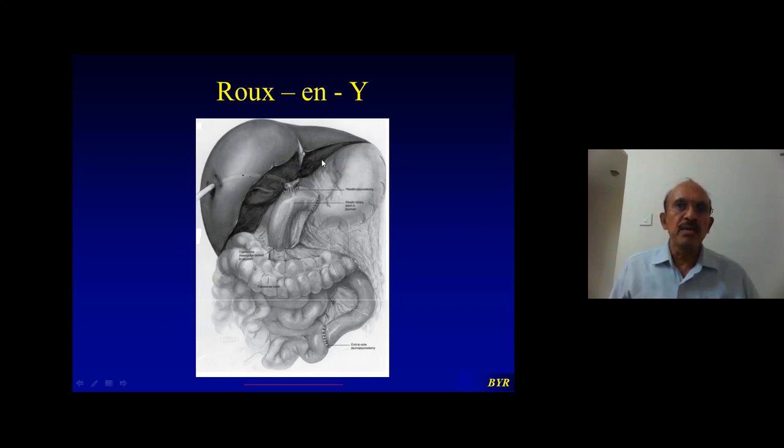There is a condition called chronic pancreatitis with multiple strictures of the pancreatic duct. In that case, there will be a longitudinal pancreaticojejunostomy. In the longitudinal pancreaticojejunostomy also we use the Roux-en-Y loop. So there are many other places where you can take this Roux-en-Y loop and anastomose.